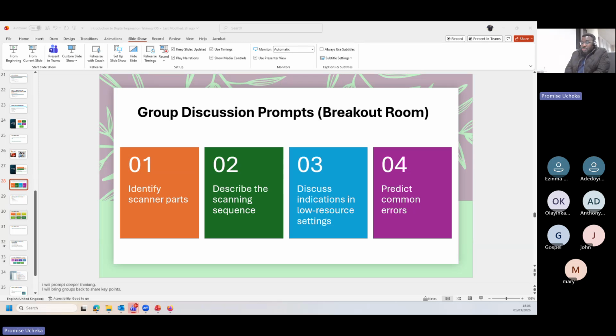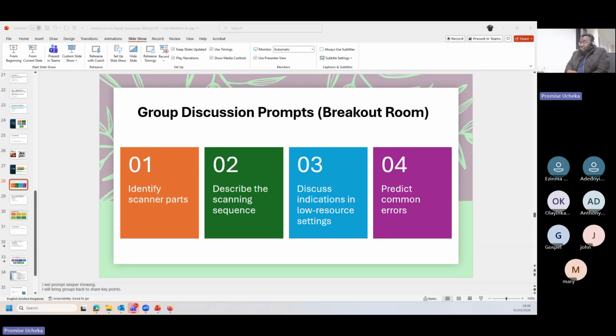And also you've had conversations around the indication for low resource use, which some of you have gone beyond indication and started looking at advantages and disadvantages, which are very interesting things to have listened to. So thank you for that.